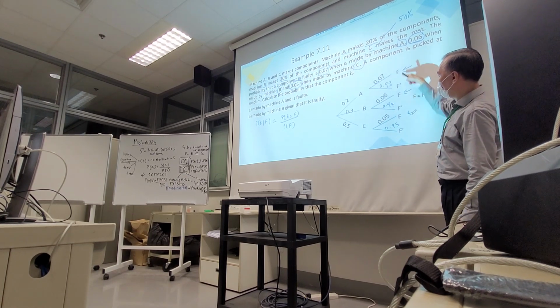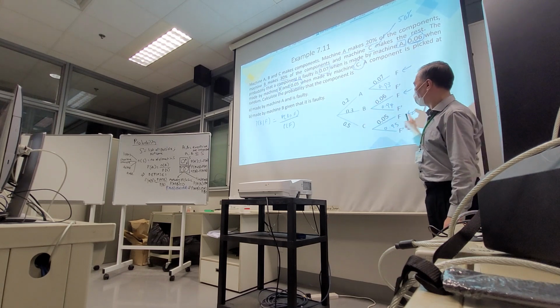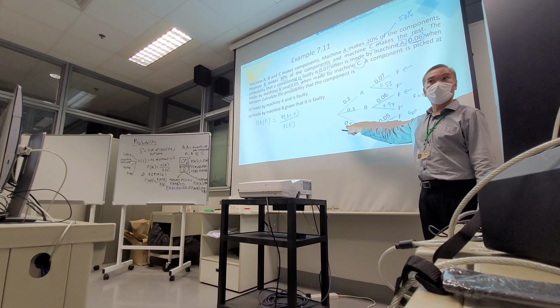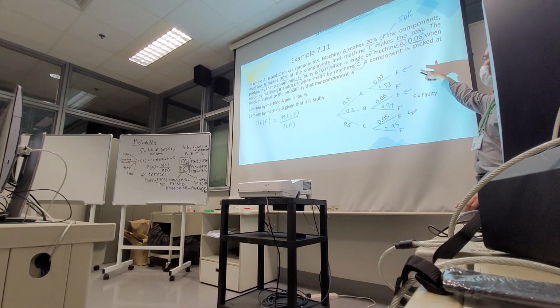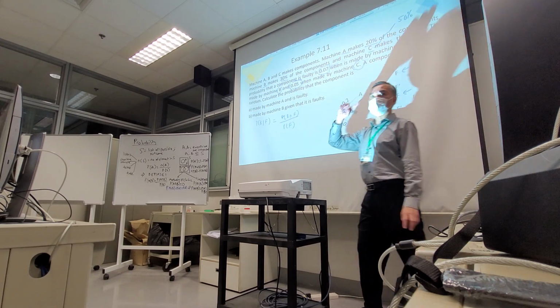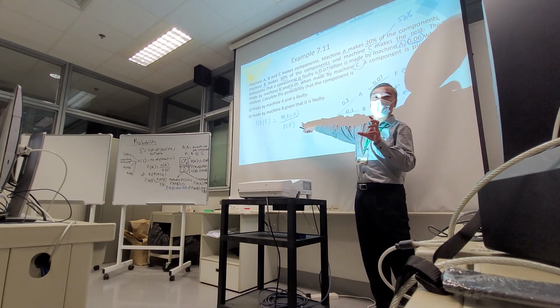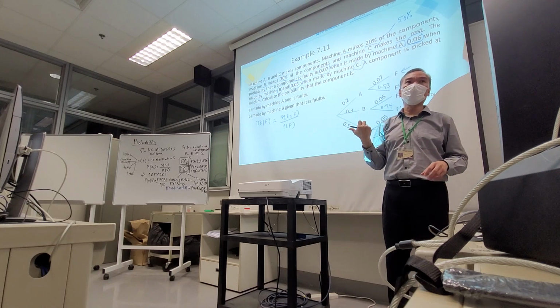Because this is the probability of F, so you have to multiply all the way down each branch. You understand what I'm talking about? This is very similar to the question just now, except that now you have to find your F yourself. For the last question, they actually ask you to find this probability first, then the second part they make it obvious. So in this case, you have to find it at this point.